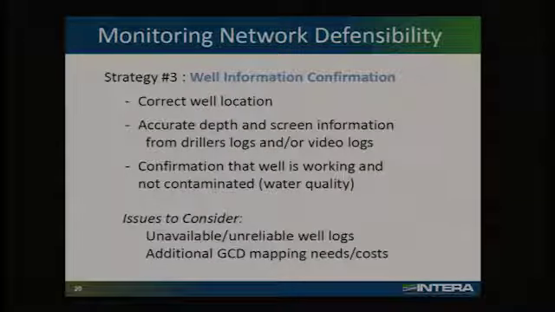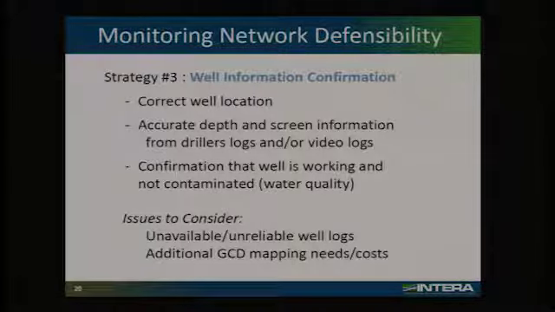So this is basically spinning around and showing you what that well screen looks like and making sure that it's in good working order. That's a really good tool to have to confirm that your screen information is what you think it is.